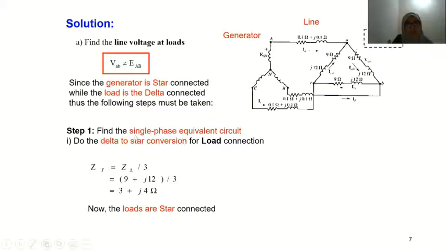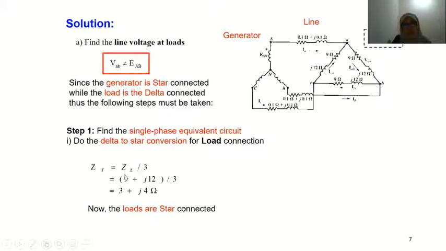Step 1, find the single phase equivalent circuit. Since your load is in delta connection, you have to do the delta to star conversion. Since it is a balanced load, the star connection is equivalent to Z delta divided by 3.